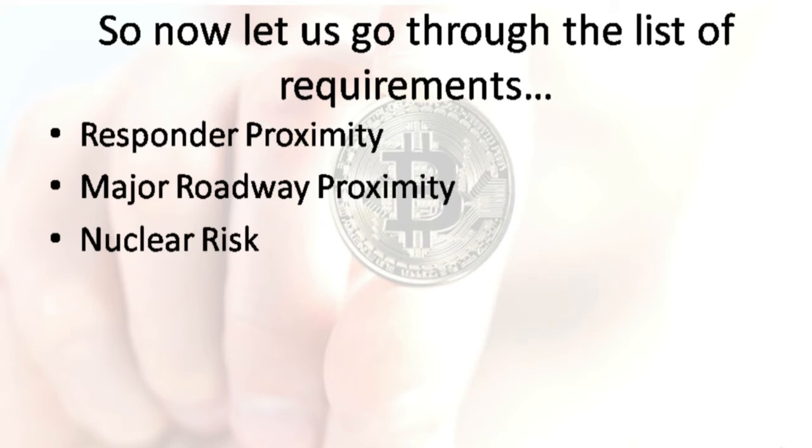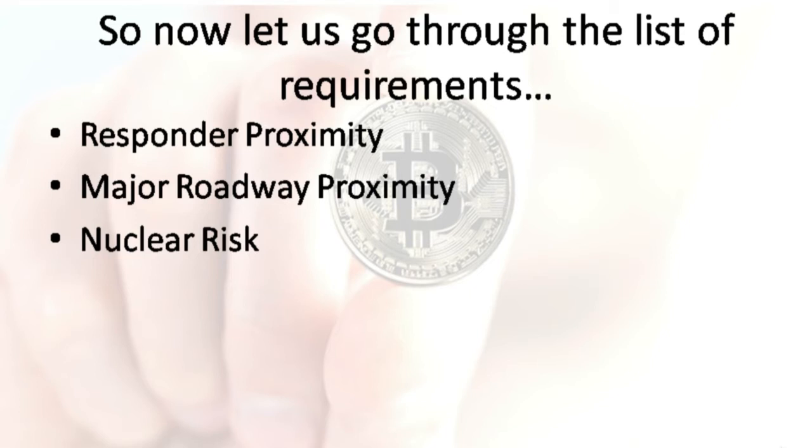Again, the proximity to responders is just nice to have, and it allows you to have peace of mind, as you will know that the firefighters and the police can respond promptly to any emergencies that occur surrounding your location. But again, it's not an absolute requirement.